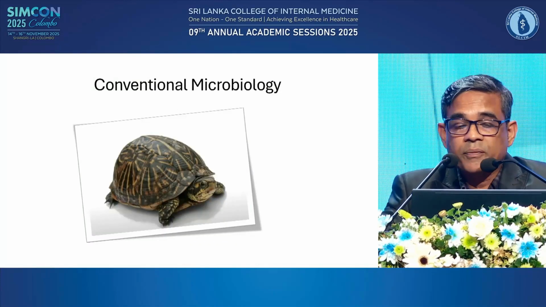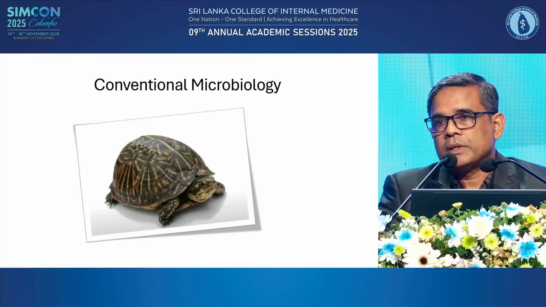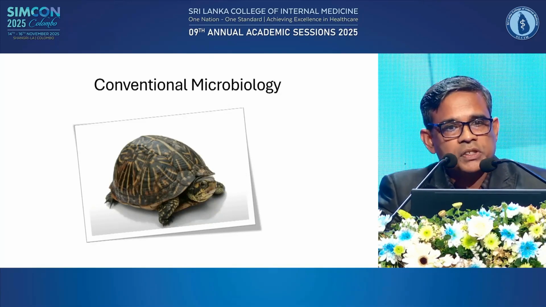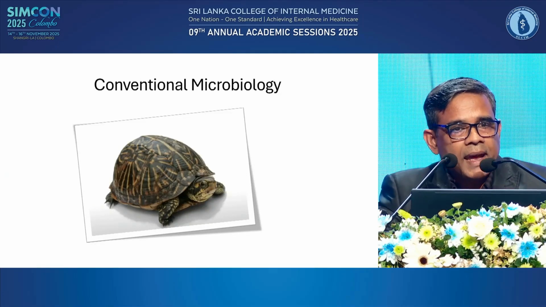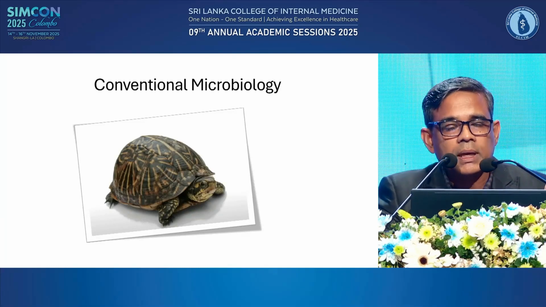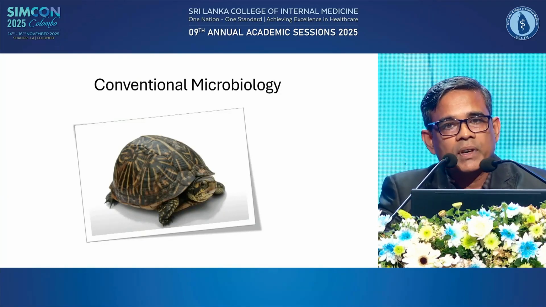A general statement on conventional microbiology: it is very, very slow. Therefore, you have to keep in mind the limitation that the tests we provide with conventional methodology are very slow, so empiric therapy is used to cover that delay.